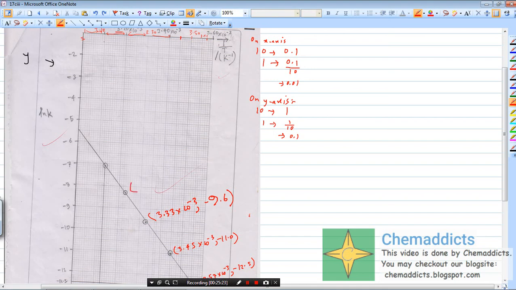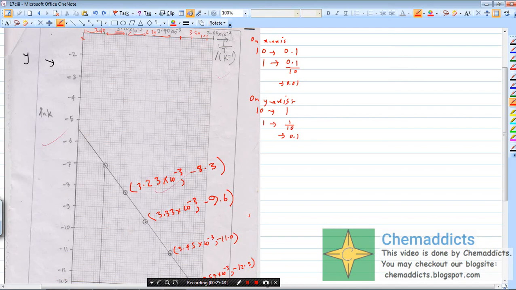So let us move on to the next one, that is 3.23 into 10 to the power minus 3, and another thing is minus 8.3. So in here this is minus 8.3, here we have calculated, and this is 3.23.